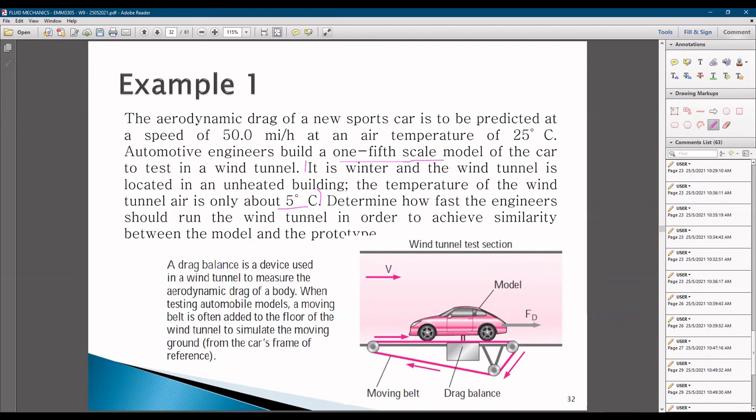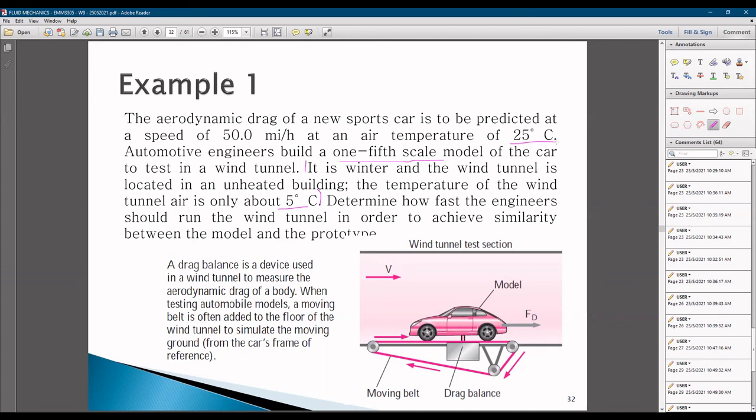The first thing to remember is that the size of the actual car is being reduced. And the temperature during the testing is not the same as what is experienced by the actual car.